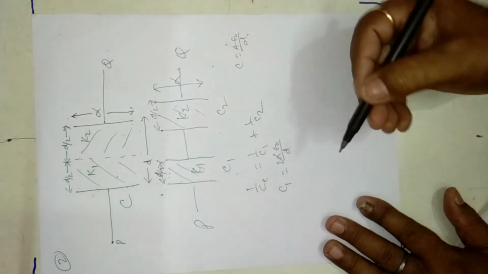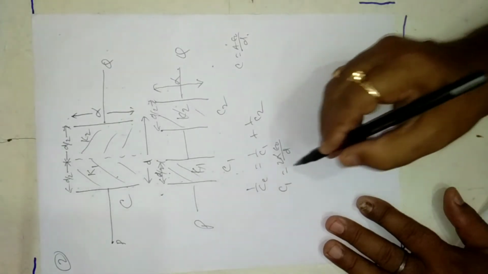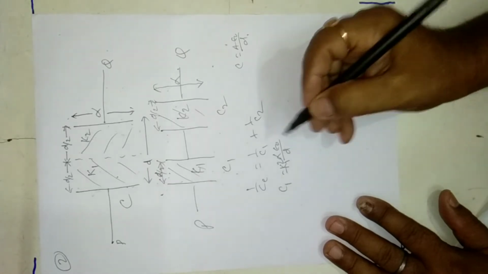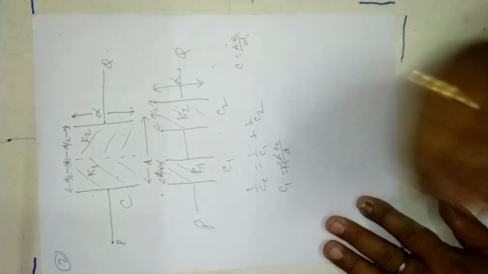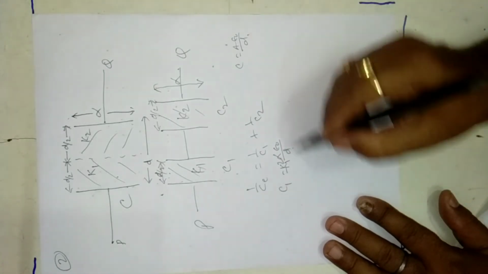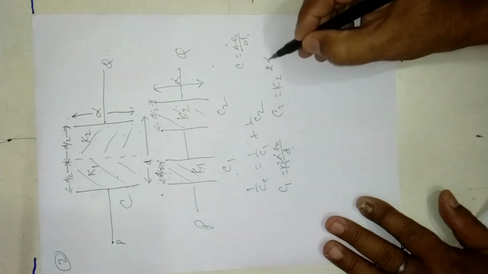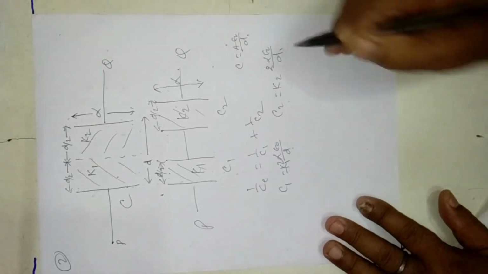With dielectric constant K1, C1 will be K1 into 2 alpha epsilon naught by D. C2 will be K2 into 2 alpha epsilon naught by D.